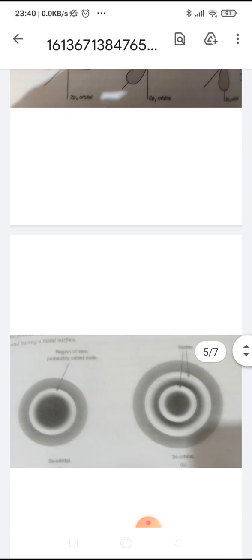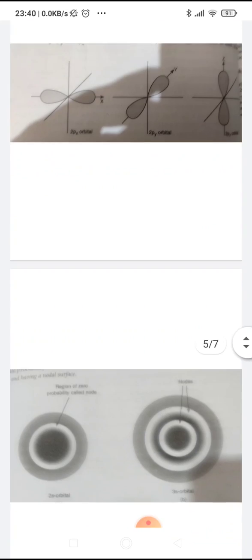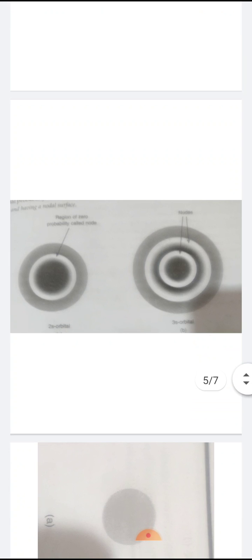Similarly, as shown in the figure, the 3s orbital has three regions of high electron probability and two nodes. Thus the important points regarding s orbitals are: Number 1, all s orbitals are spherically symmetrical.